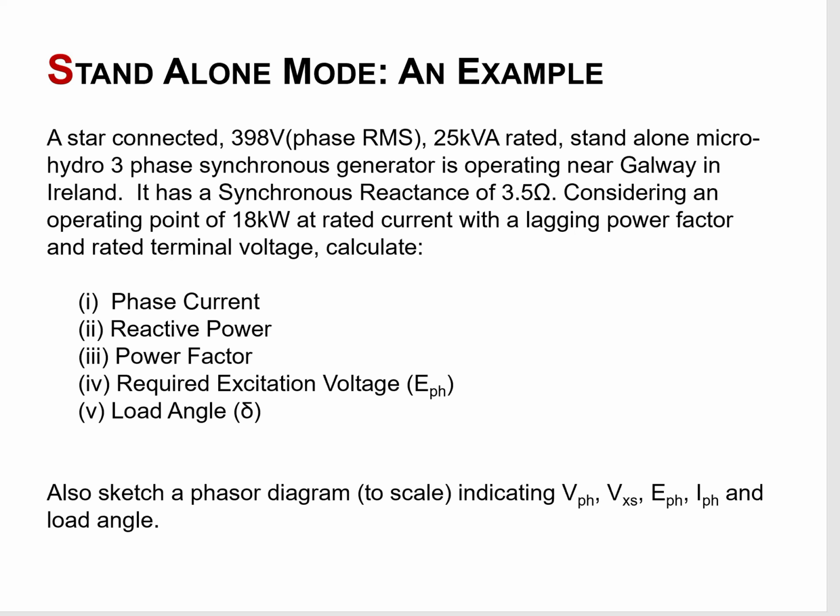Considering an operating point of 18 kilowatt at rated current with a lagging power factor and rated terminal voltage, calculate the following parameters: the phase current, the reactive power, the power factor, the required excitation voltage, and the load angle. Also sketch a phasor diagram indicating the identified parameters.